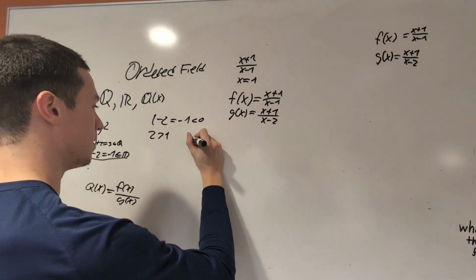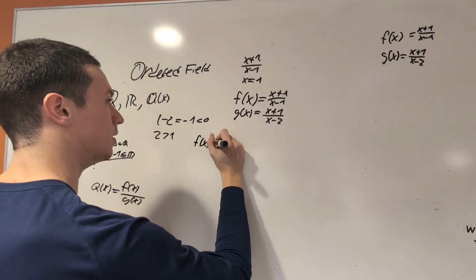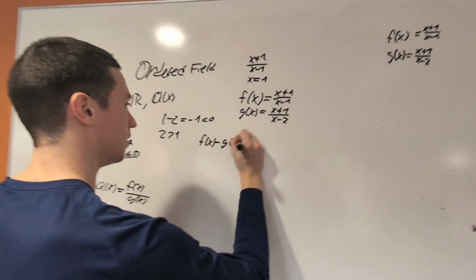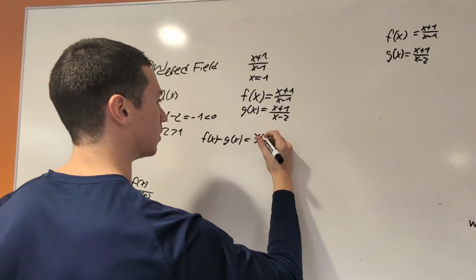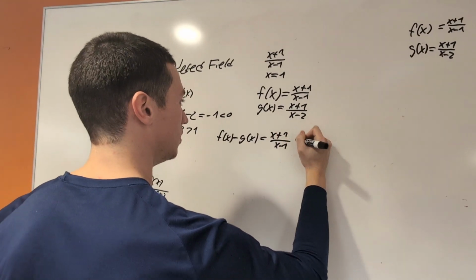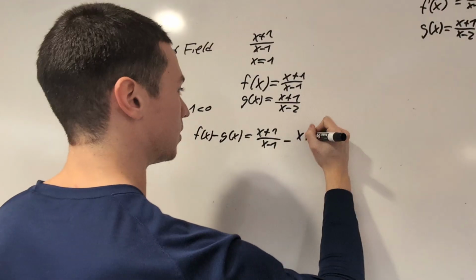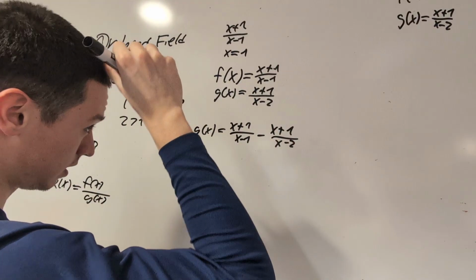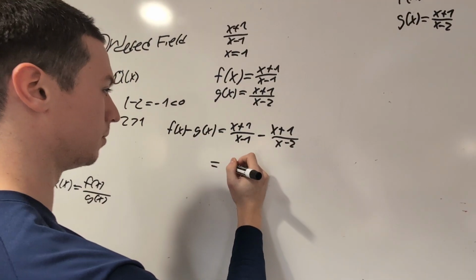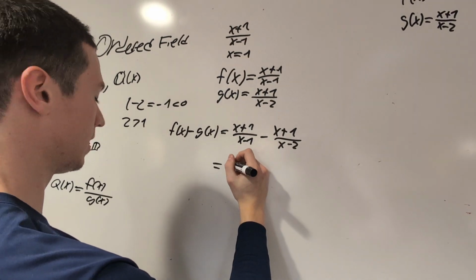So for example, f of x minus g of x equals x plus 1 over x minus 1 minus x plus 1 over x minus 2. Then to subtract, you have to get equal denominators.